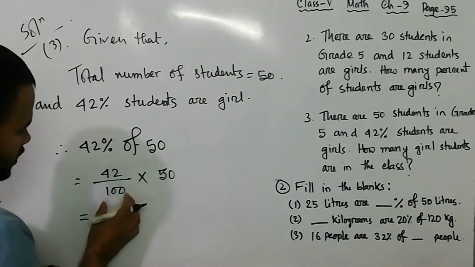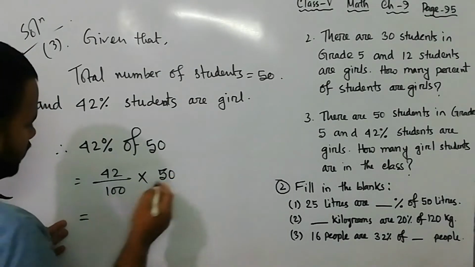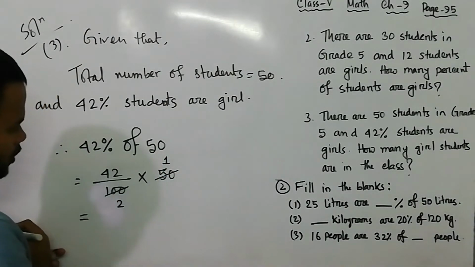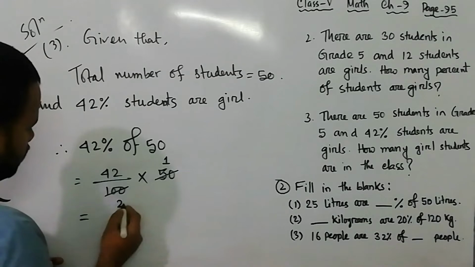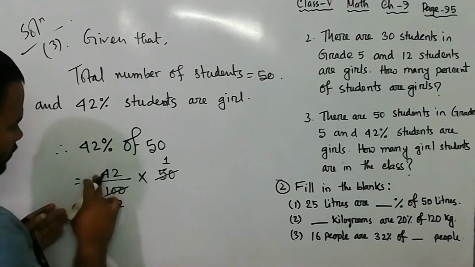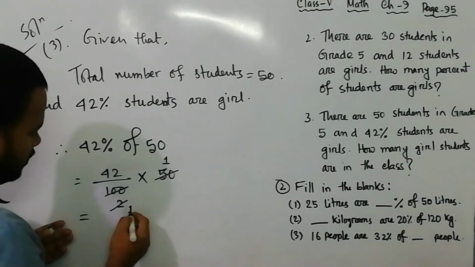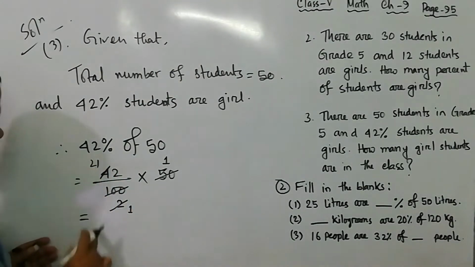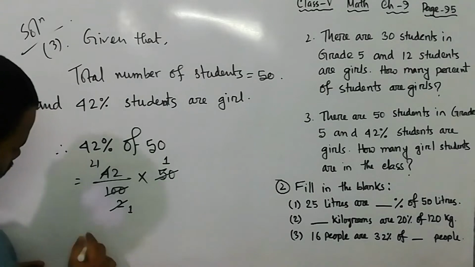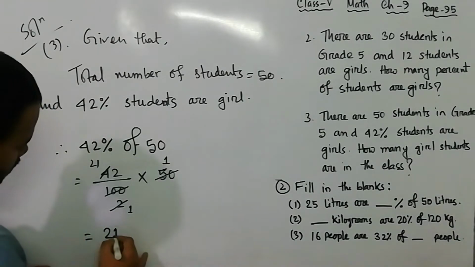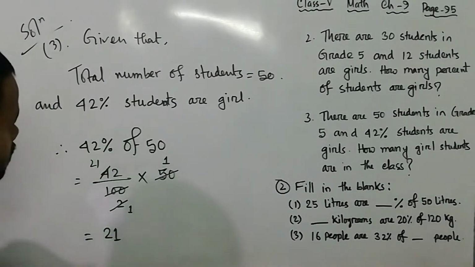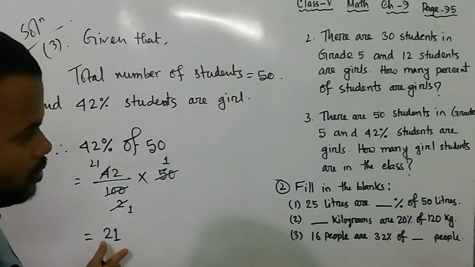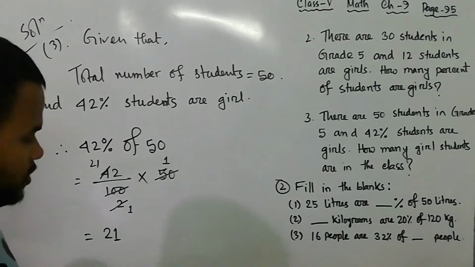Now if we divide both numbers by 50, here 50 and here 100, then we have 1 and 2. Now if we divide 42 by 2, we get 21. That means 21 girl students are in the class.